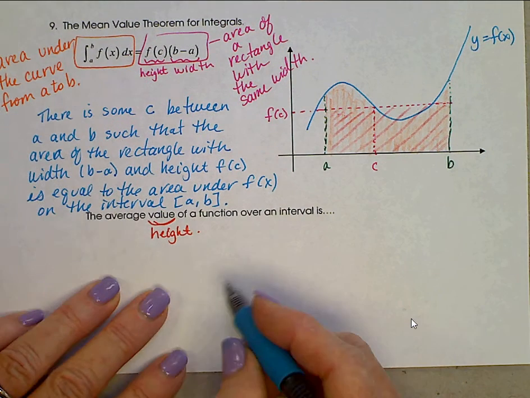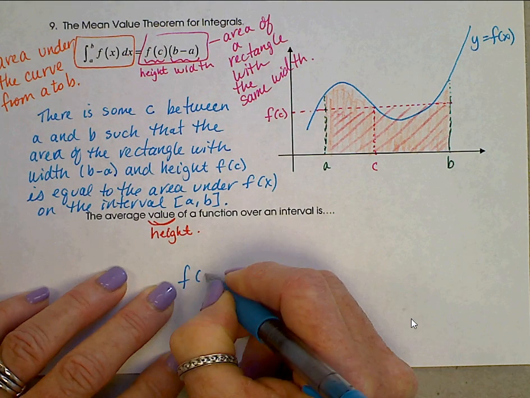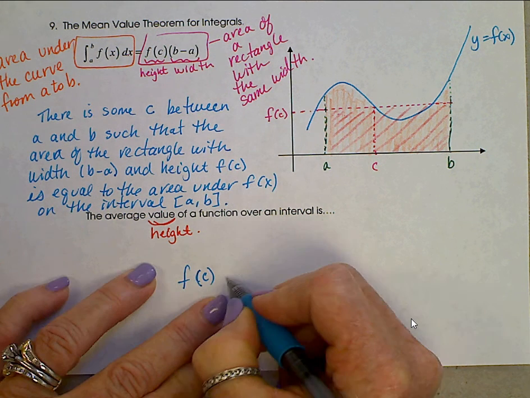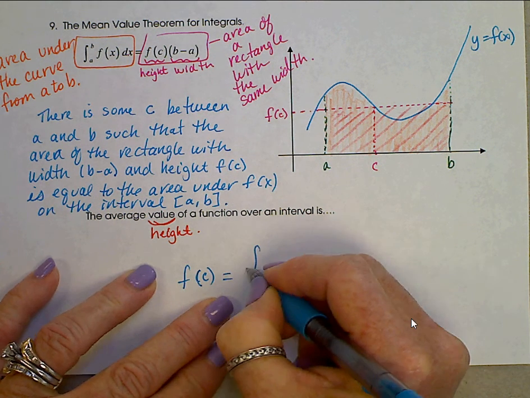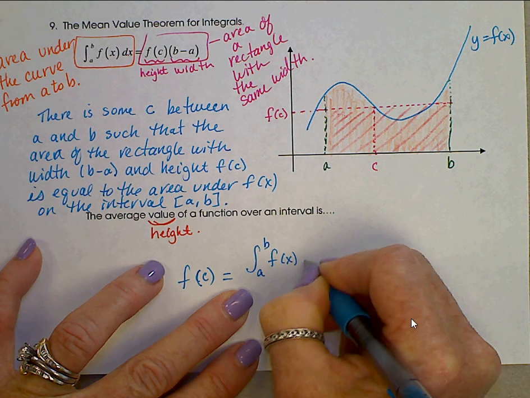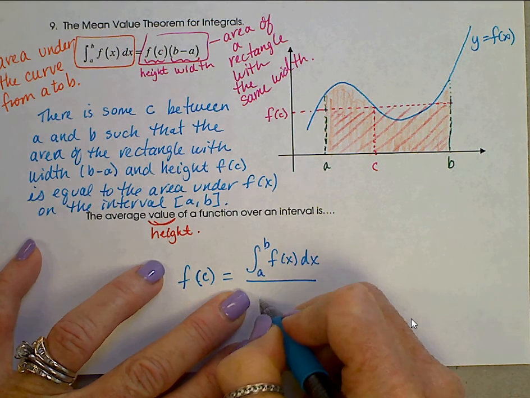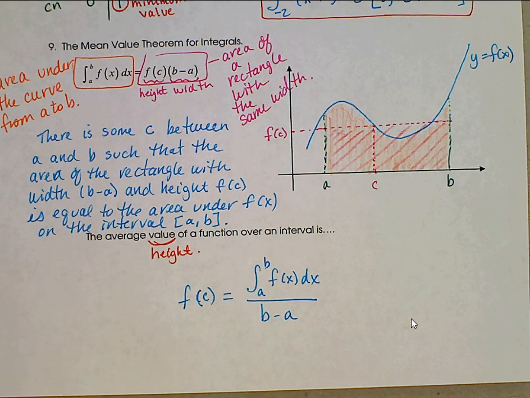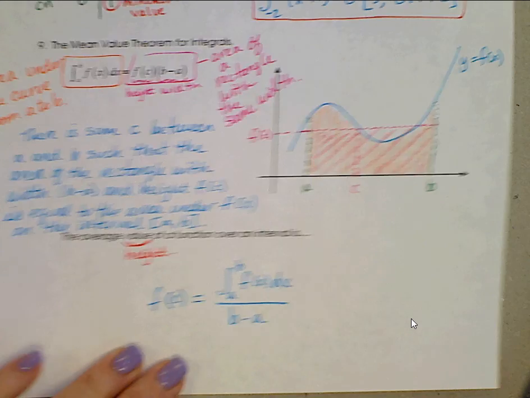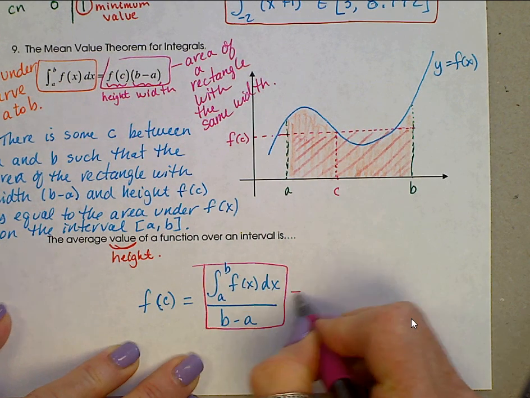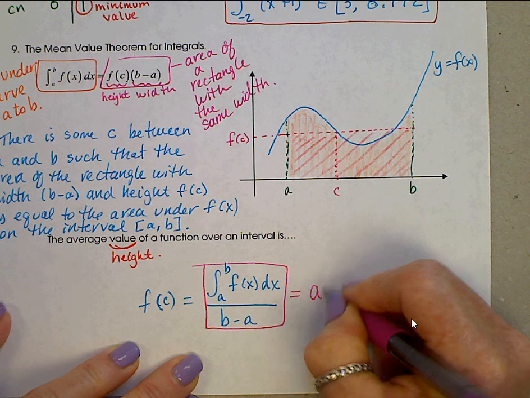But what we can do is say that that height, f of c, is the area divided by the length of the interval. This expression right here is the average value.